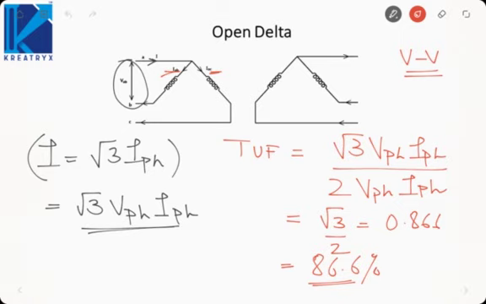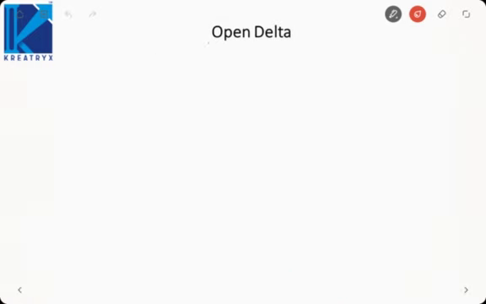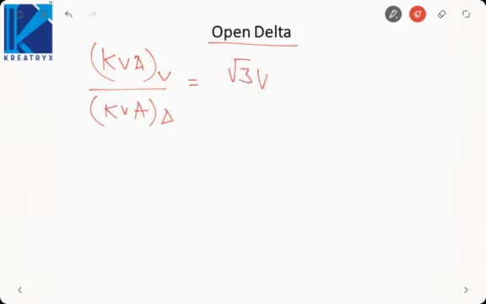Now let us see what is the ratio of delta delta and the open delta connection. So KVA rating of a VV type of connection or open delta divided by KVA rating of delta is root 3 into V phase into I phase, but it is 3 V phase I phase.